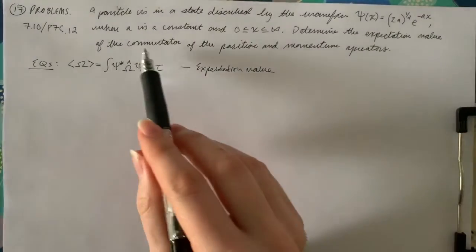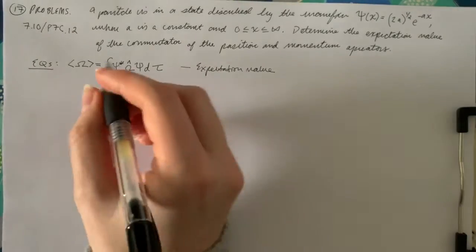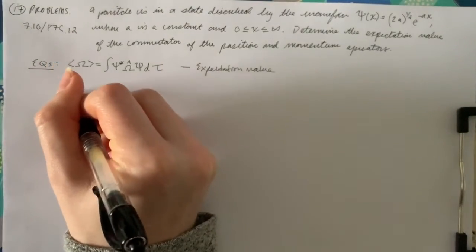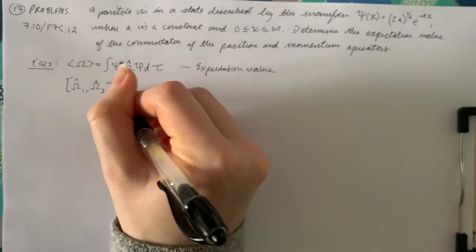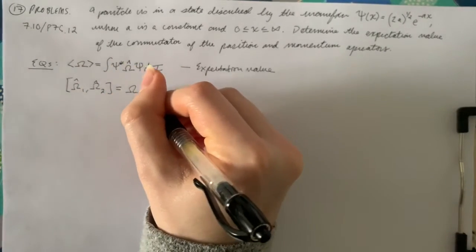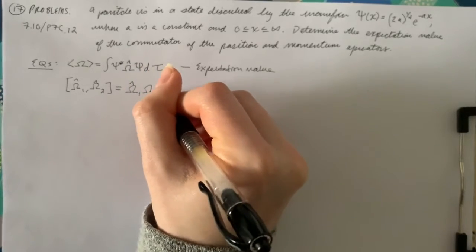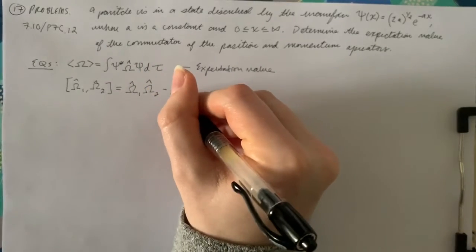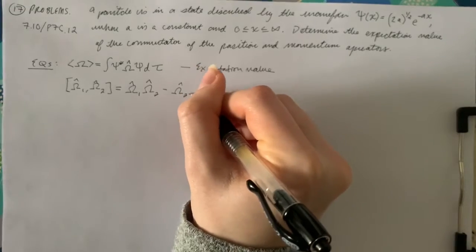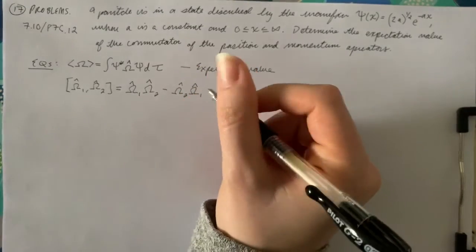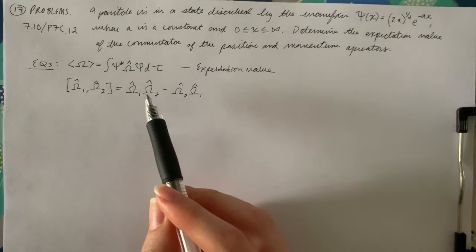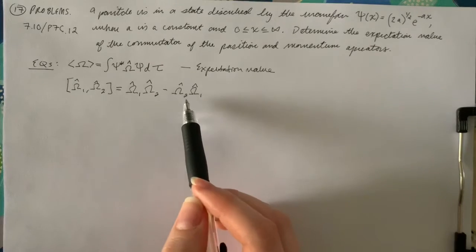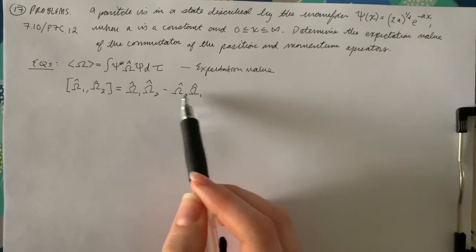And then it talks about commutators, so we need the definition of commutator. And this basically just means the order of the operations matter. This definition says basically the effect of these two operators applied in succession depends on their order.